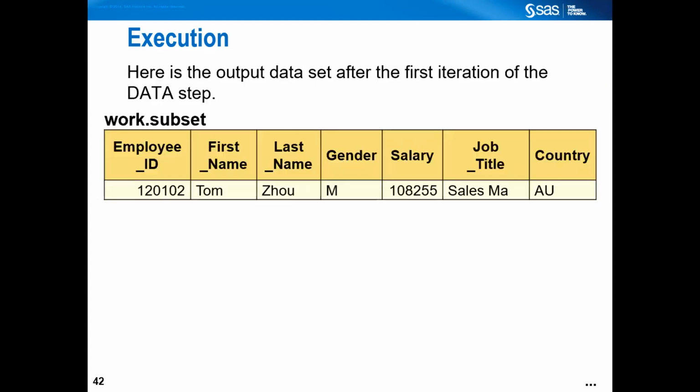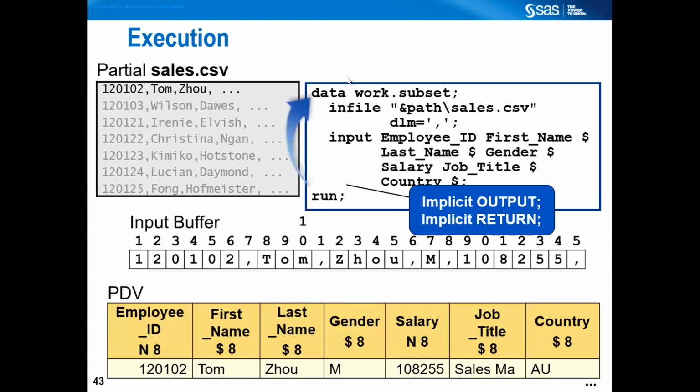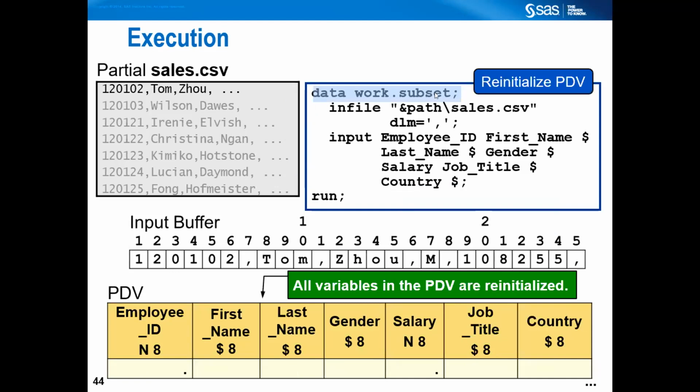So with run, this row is written to your new data set work.subset as a data portion. All good? So this is your data set, the first row converted from a record to an observation. Then in the next iteration, when SAS moves back and your data step is hit, your PDV has to reinitialize to missing.